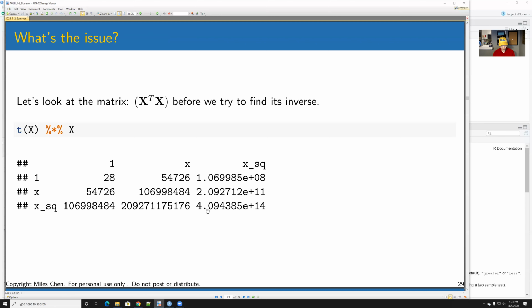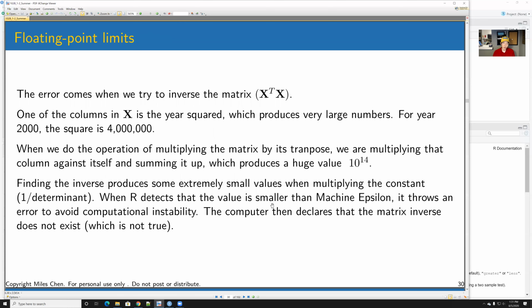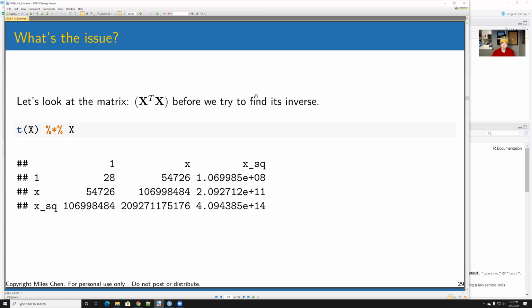This is 4 times 10 to the 14. 10 to the 9 is a billion, and 10 to the 12 is a trillion, so this is on the order of 40 trillion. It's a really big number, and this creates a problem.